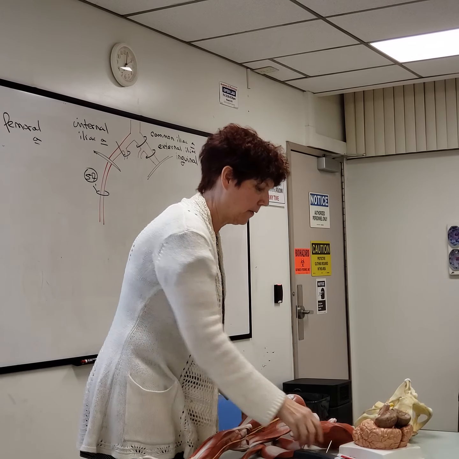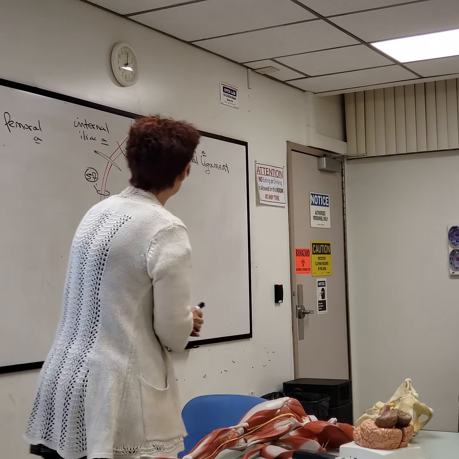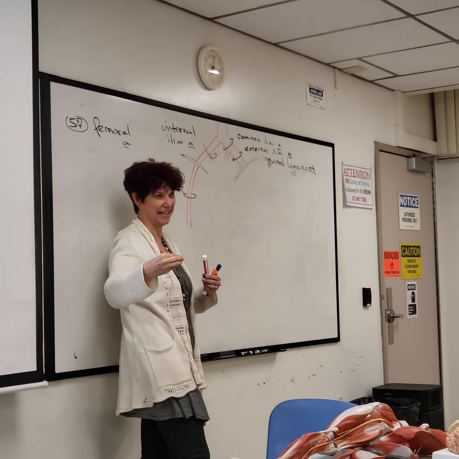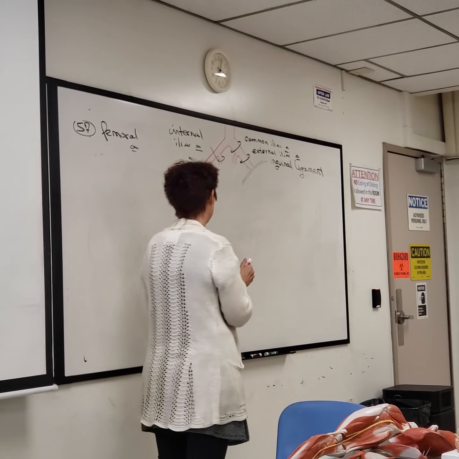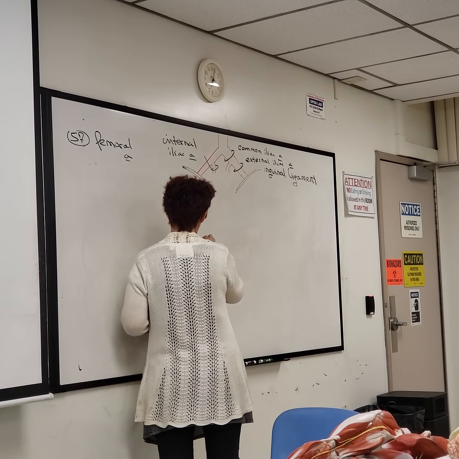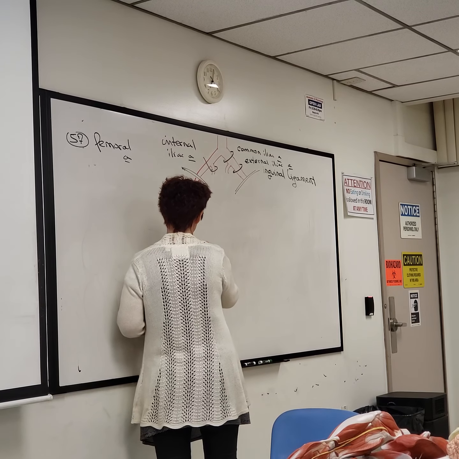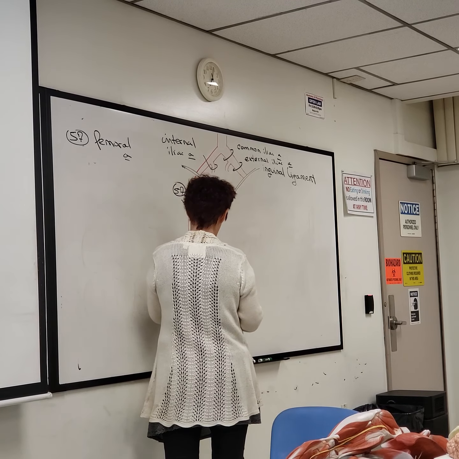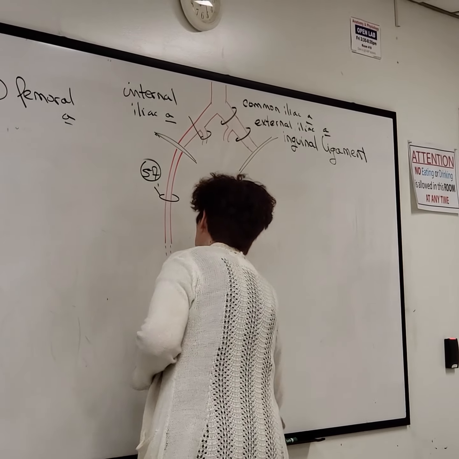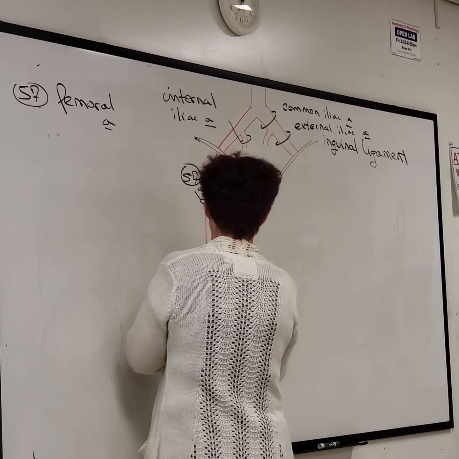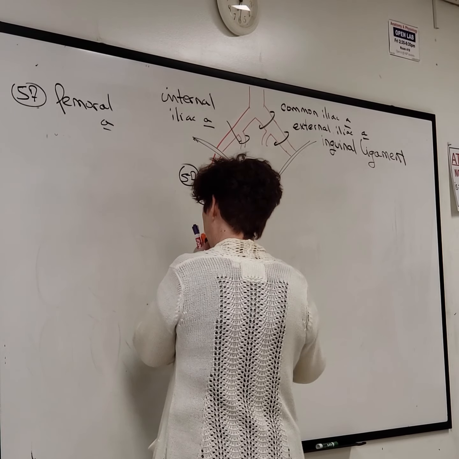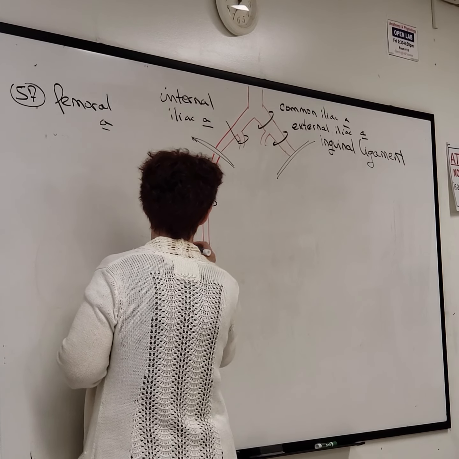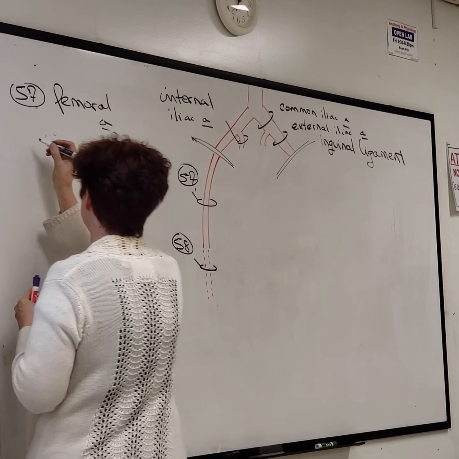So let me draw those in. And because it's going posterior, I'm going to draw it as a dotted line, just like I did with the coronary vessels to show that we're looking through the posterior aspect of the knee. So 58 will be popliteal.